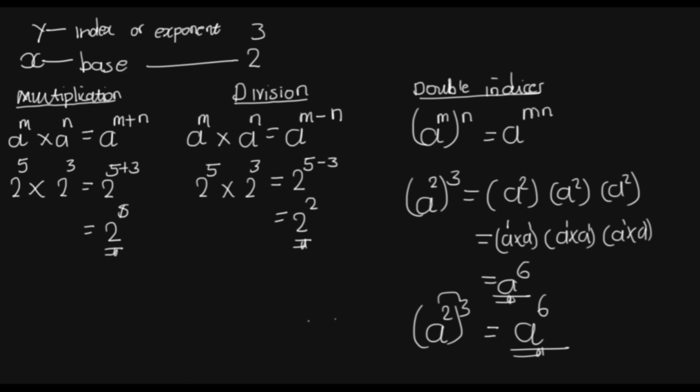Now let's move on to another where we are going to have raising a product of factors to an index. What we are saying is, if we have A times B in brackets raised to the power M, the result is the same as raising each factor separately to the index.